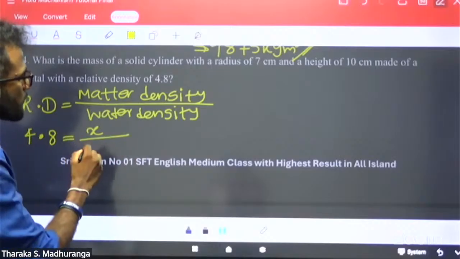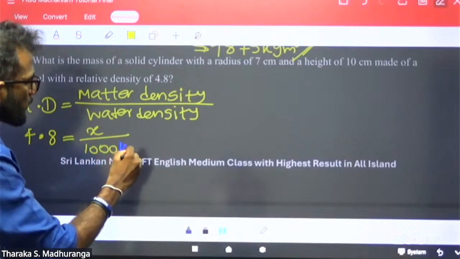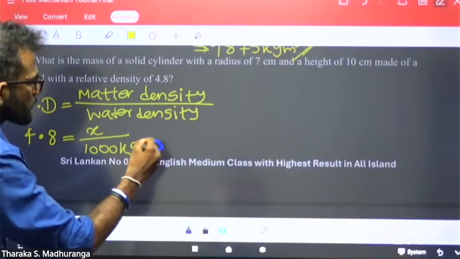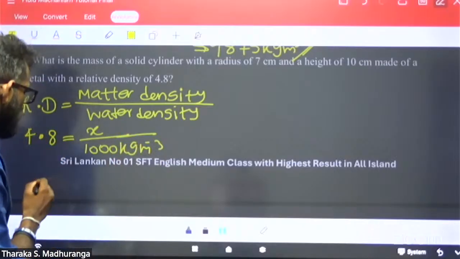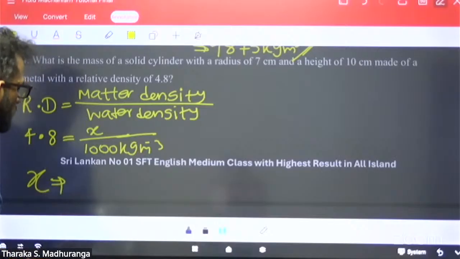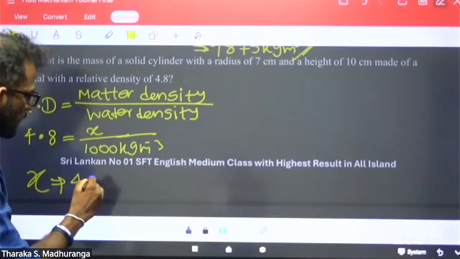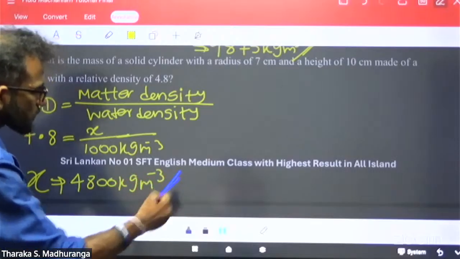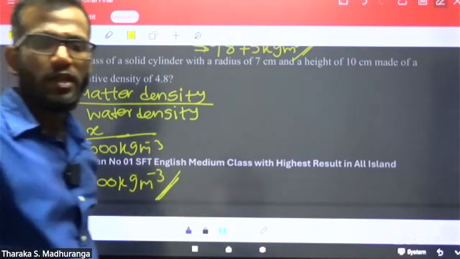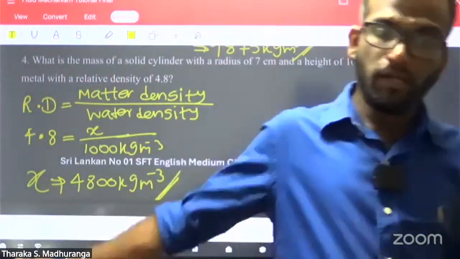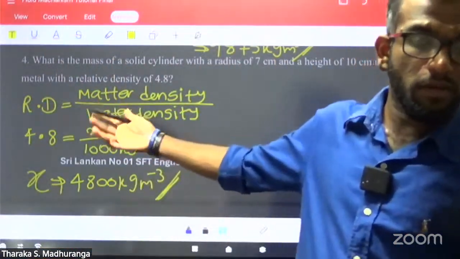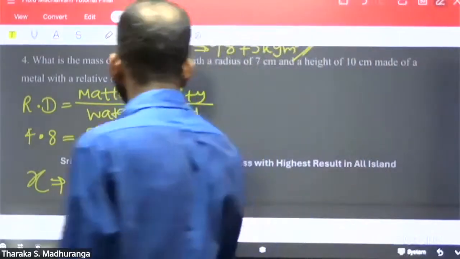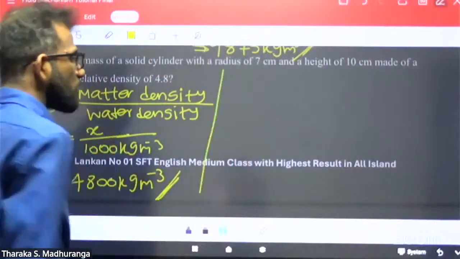The water density you already know, 1000 kg m^-3. If you substitute, x is the matter density, 4800 kg m^-3. That's the matter density, so the cylinder density you found is 4800.